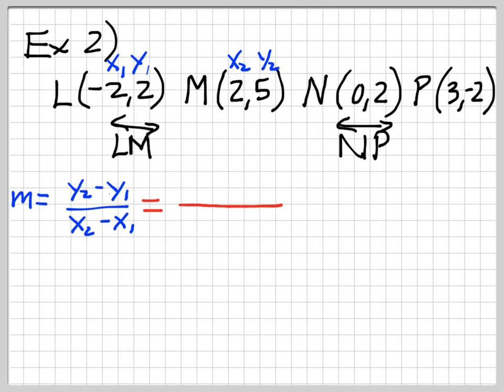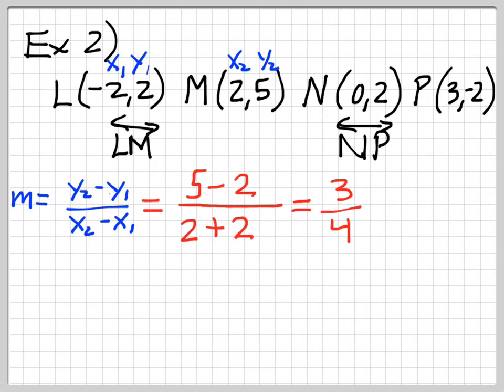So on the top I get 5 minus 2. On the bottom I get 2 minus, but when I plug in a negative 2 here, this is going to change to positive 2. Be very careful there, that's the biggest mistake we see. And our slope for line LM is 3/4. So I'm going to leave it like that.